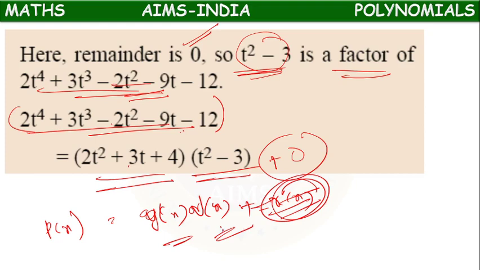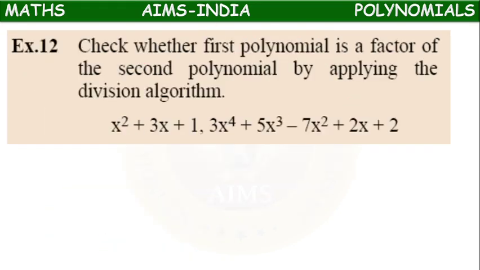In what case? If the remainder is 0, so q of x and g of x both are considered as factors of p of x. Okay, children. Next.